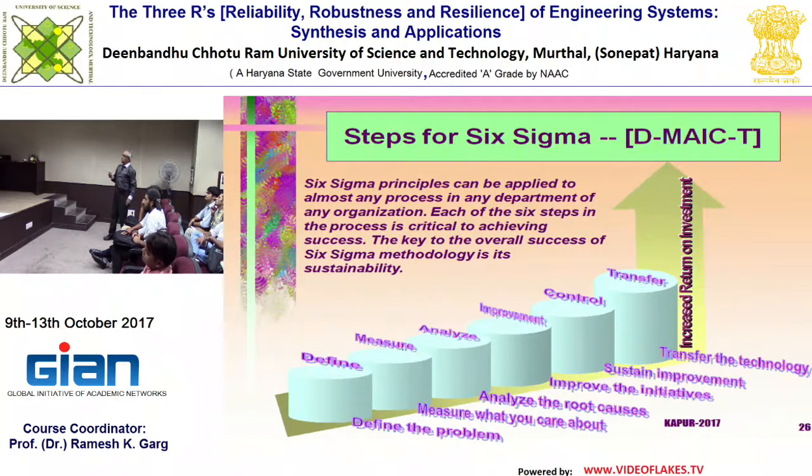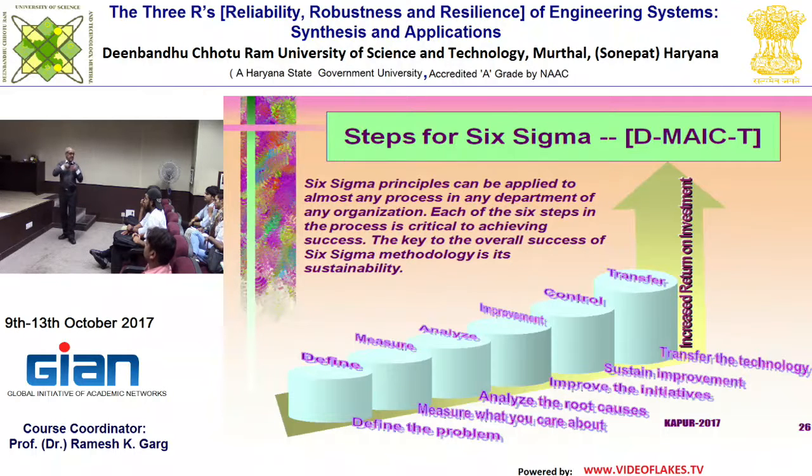So these are typical steps for Six Sigma. First always is define, measure, analyze, then you improve, and then you control it so that you can sustain it for your planning period. And then you invest a lot of time and money here.